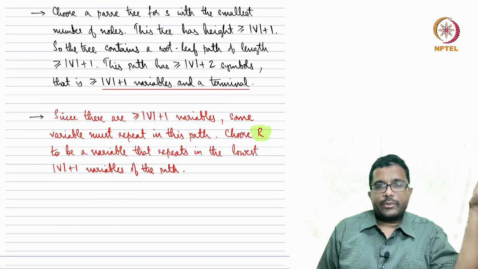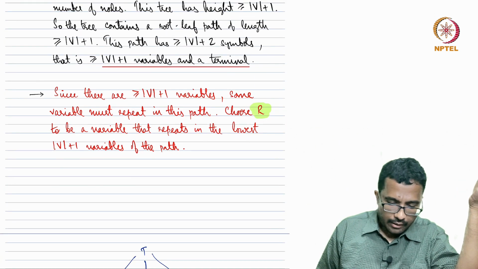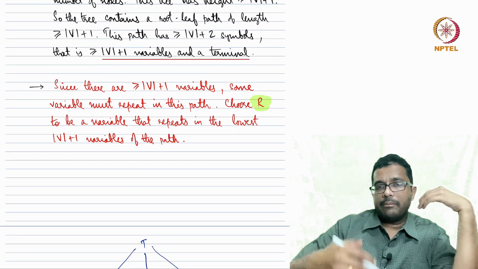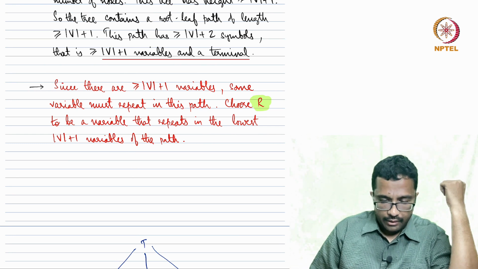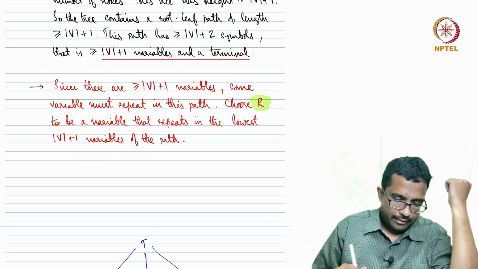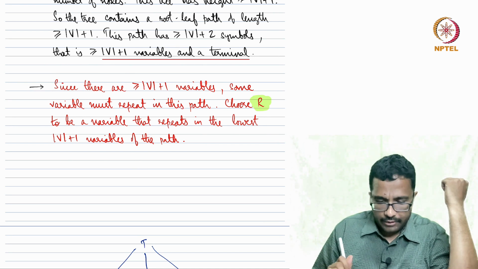If there are multiple such variables that repeat, you choose a variable that repeats from the bottom v plus 1 symbols. This choice will matter in some aspect of the proof.